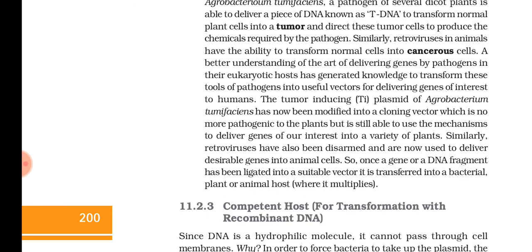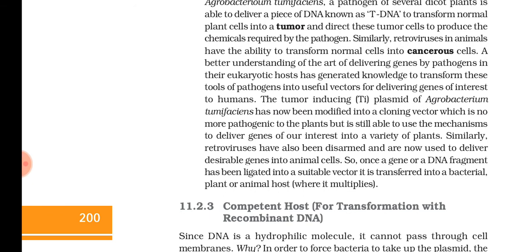Instead they are used as carriers of genes. They act just as carriers of genes, as they are disarmed by different techniques, and now they are used to deliver the desirable genes into the animal cells.